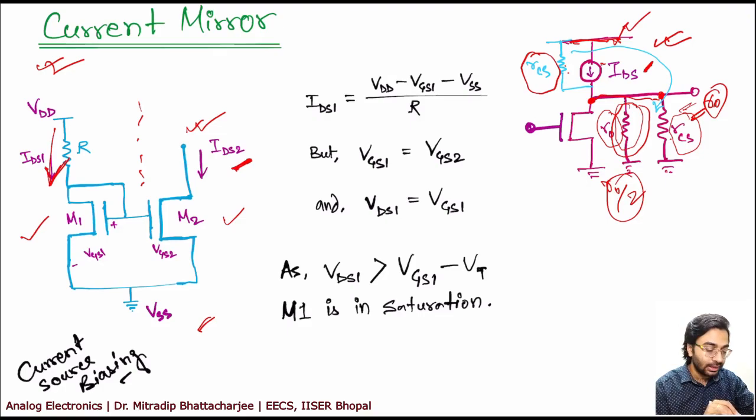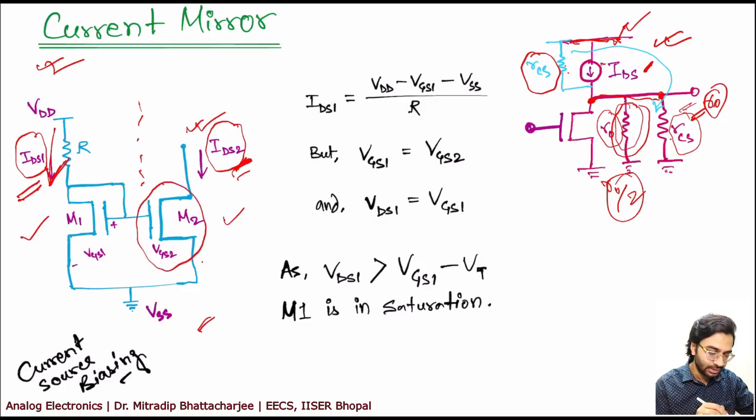It may happen, we will see later, that this is not exactly the same, but maybe twice or thrice. It depends on the designer, how he wants. But in general, whatever the current is here will be reflected over here. So you can fix your current here, and this current will automatically get fixed. So you have control of current on the left hand side, and the same thing will be reflected on the right hand side. And this is our amplifying transistor. In this case, this is the amplifying transistor.